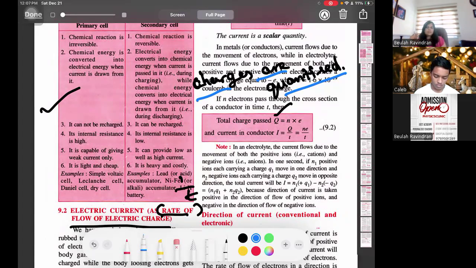It is impossible. You can only take an amount of charge, for example, 1 centimeter of wire or half a centimeter of wire. So it talks about the amount of charges. Now the charge is said to be quantized. So an amount of charge, a packet of charge, or we can say a quantum.